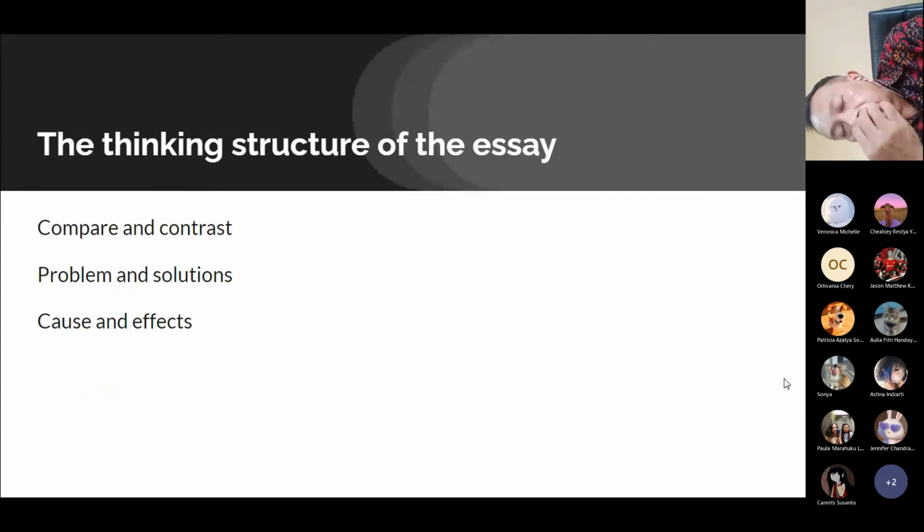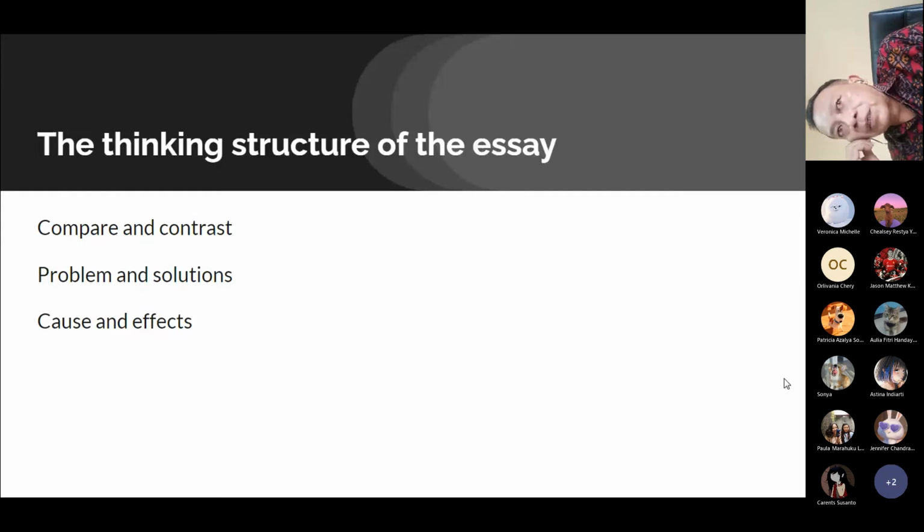But before we talk about what abstract is, including introduction, body, and conclusion, I think you need to know the structure of the essay. Your topic would be different from one to another, yeah? But the structure of your essay might be the same to some extent, because this is the way most writers do.